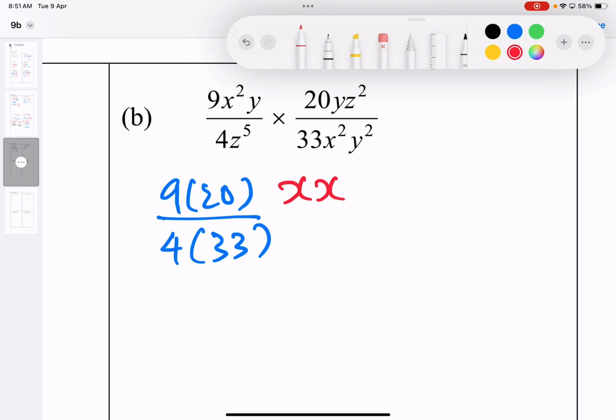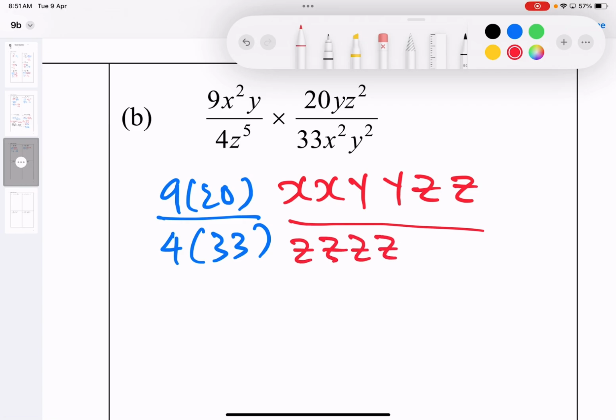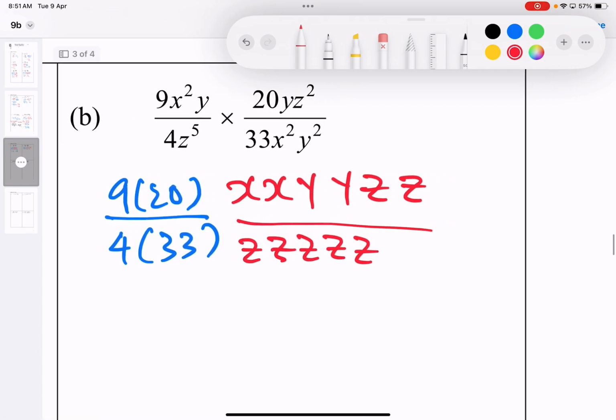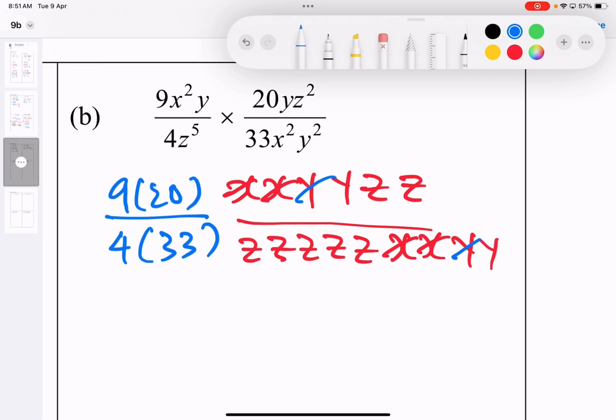X squared is just x multiplied by itself 2 times, multiplied by y, multiplied by y, z, z, over z, z, z, z, z 5 times. And then you have a 2x and 2y's. Cancel x with the x with the x. Y with the y with the y, z with the z, z with the z.